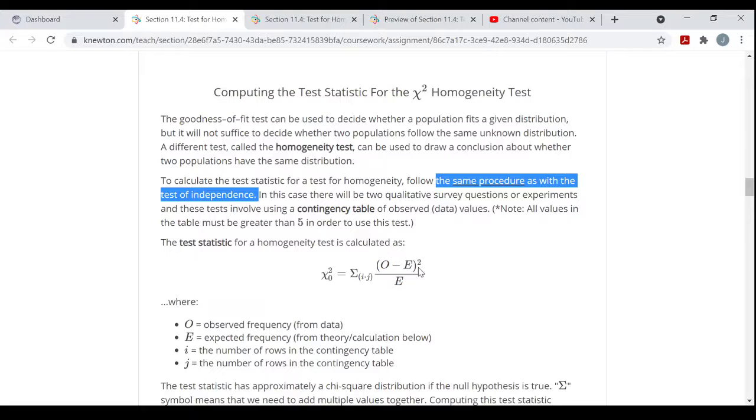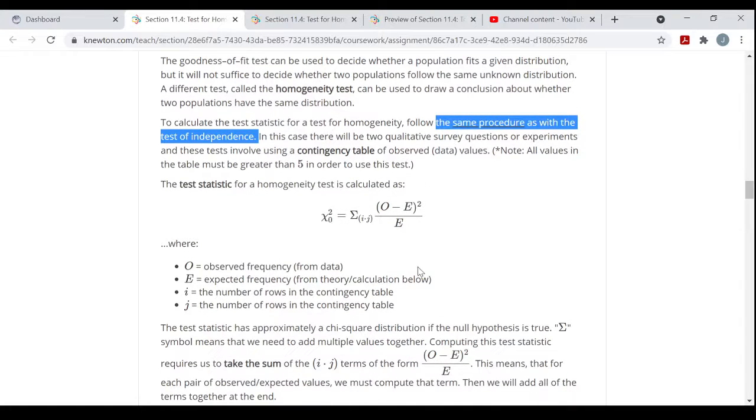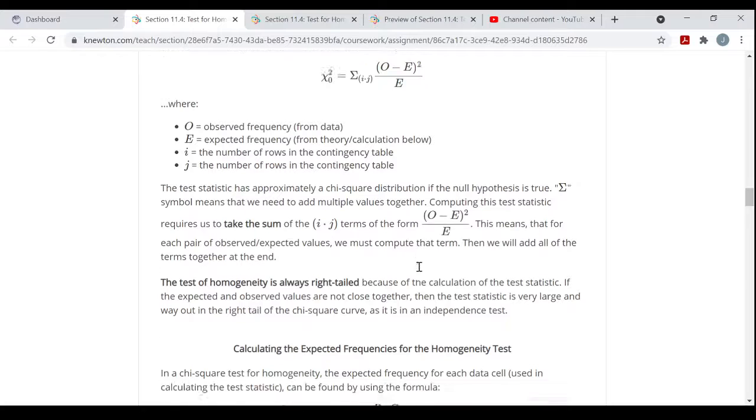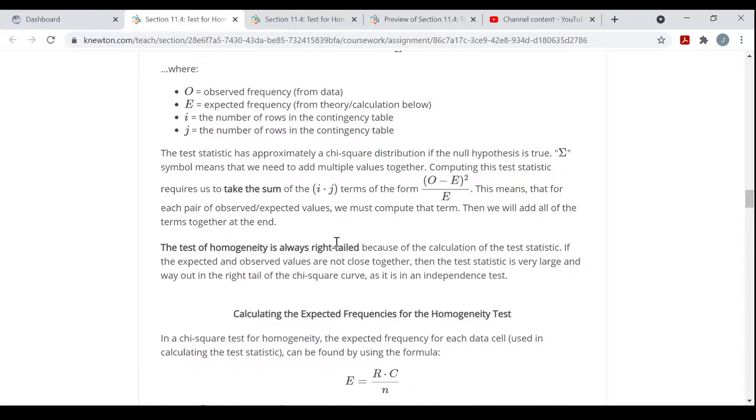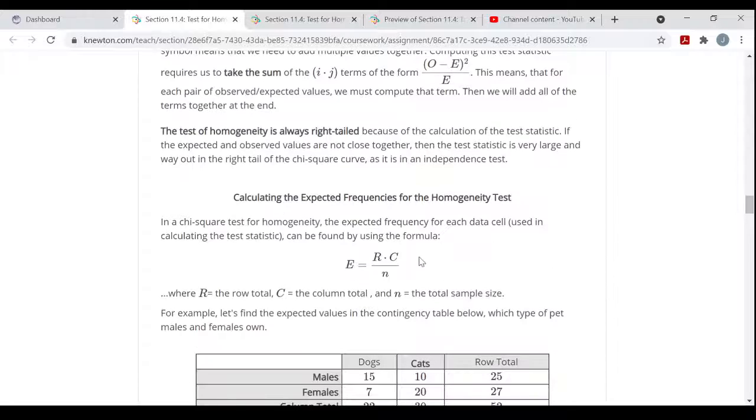Those differences get squared, and then divided by the corresponding expected frequency, and you add these values up for every cell of the contingency table, just like in a test for independence. The test for homogeneity is always right-tailed.